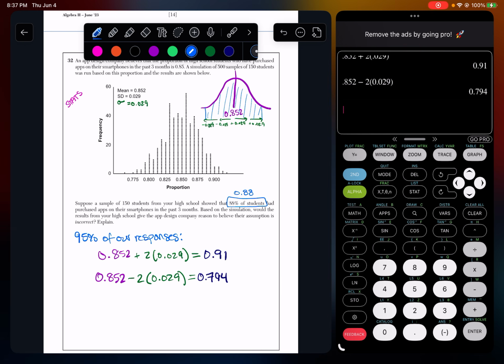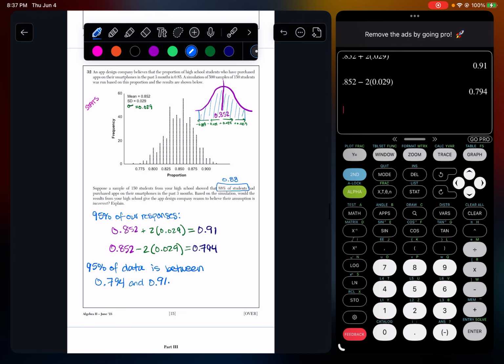What this tells me is 95% of the data is between 0.794 and 0.91, right?